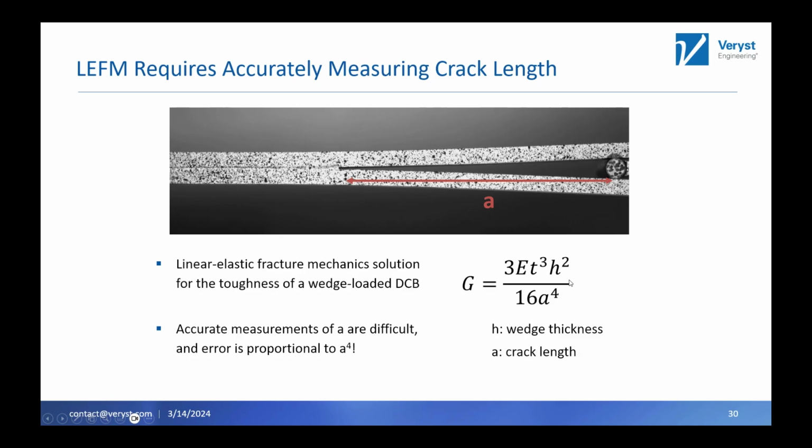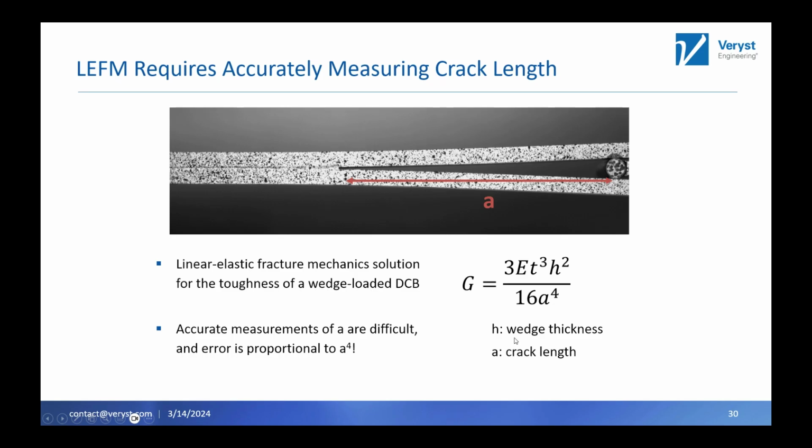That's something I'll tell you is very difficult to do, even from very nice high-speed video. You get a lot of errors. There's a lot of stuff happening around the crack tip. It's very difficult to instrument that or do it in an automated way that has the accuracy that we need, especially because you can see the crack length here, the letter A, is raised to the power of 4.